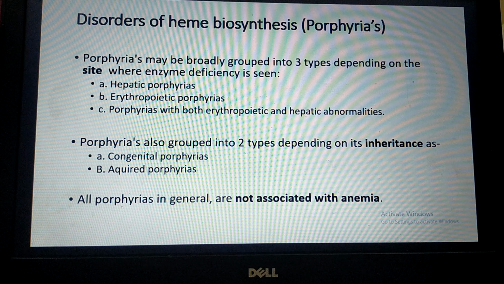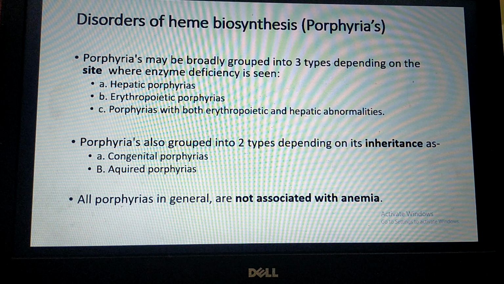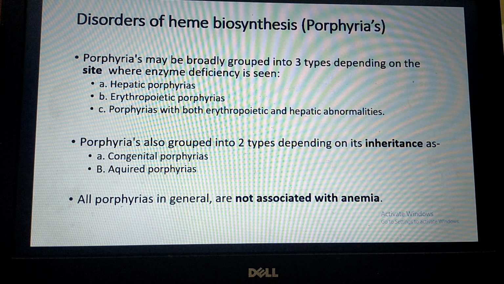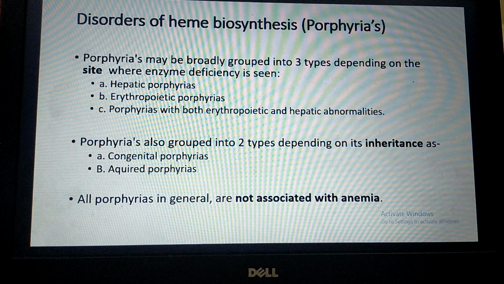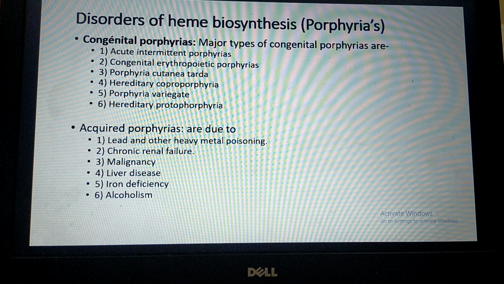Acquired porphyria means that at the time of birth the heme synthesis pathway is normal, but during the lifetime, due to some deficiencies or toxicities, the enzymes of the heme biosynthesis pathway are inhibited and heme synthesis is hampered. Such porphyrias are called acquired porphyrias. Now we will study these congenital and acquired porphyrias in detail.